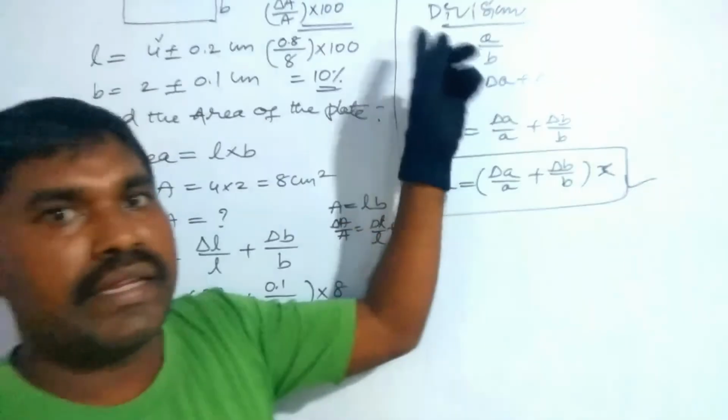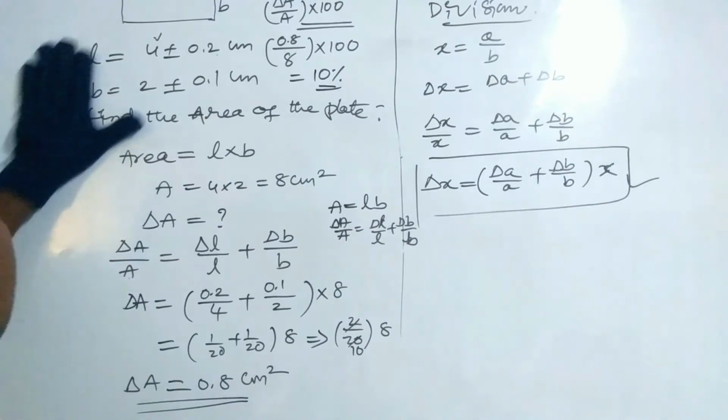Now we have to find the errors in case of division. How can we find the errors in case of division?